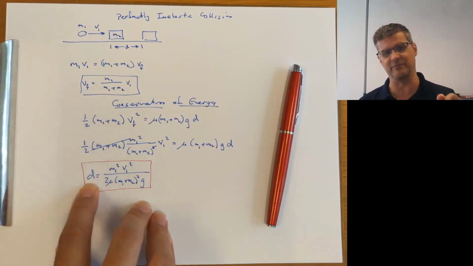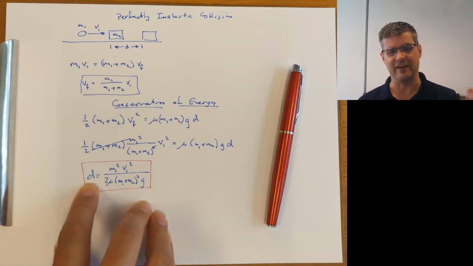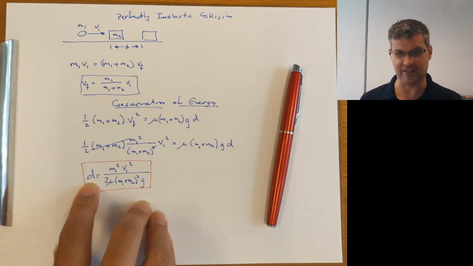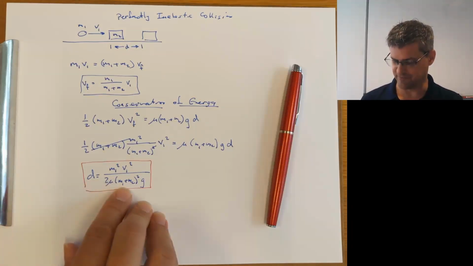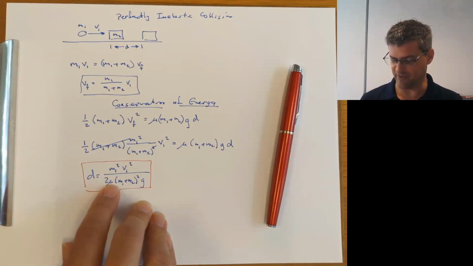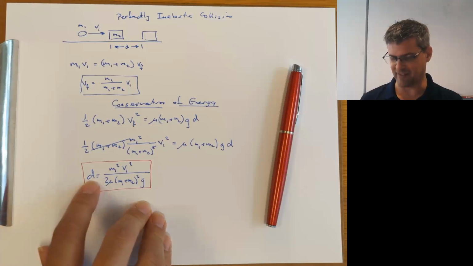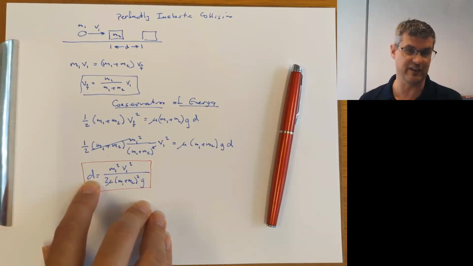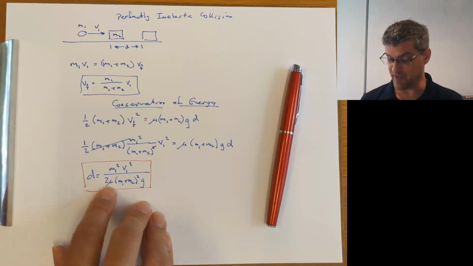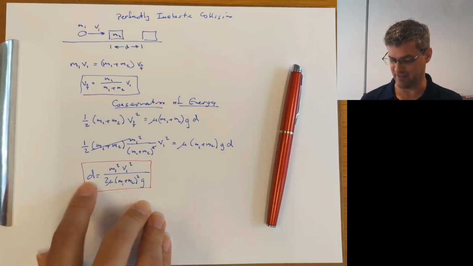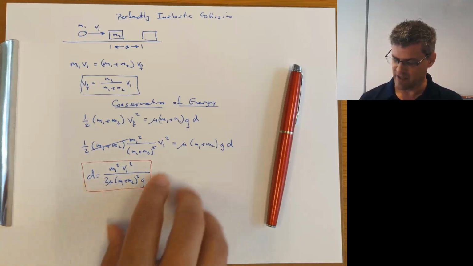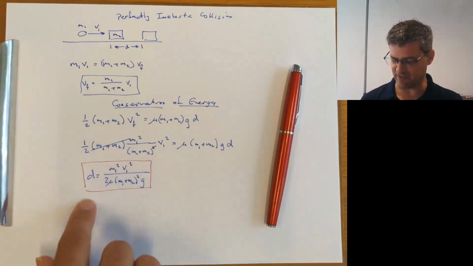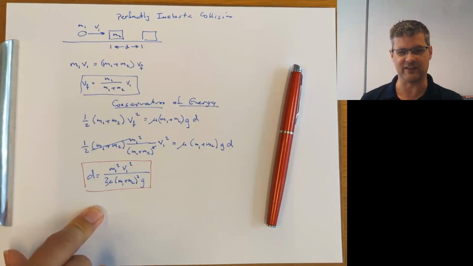If I throw a little bit of Play-Doh at a bowling ball or something, it's not going to slide very far. If we have no coefficient of friction, all of a sudden this d turns into infinity. So if we didn't have friction, it would slide forever. That kind of makes sense. But the bigger that coefficient of friction is, the less distance it actually slides. So this has a lot of the behaviors that you might expect.